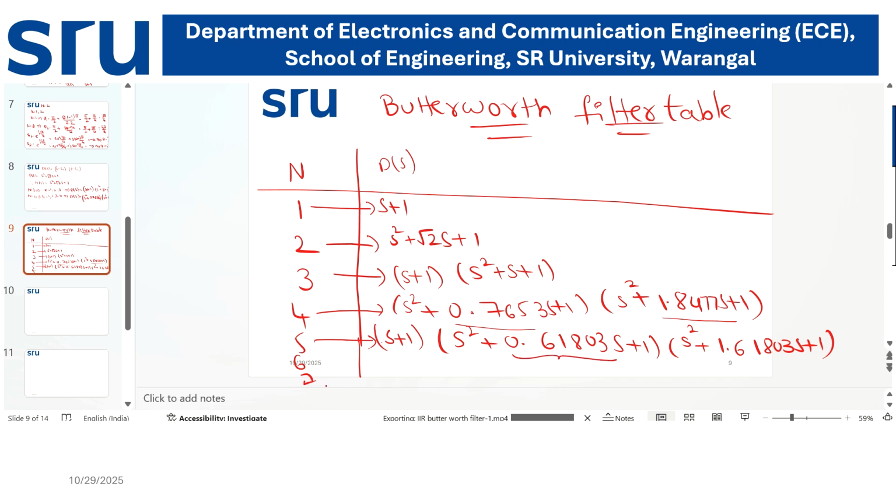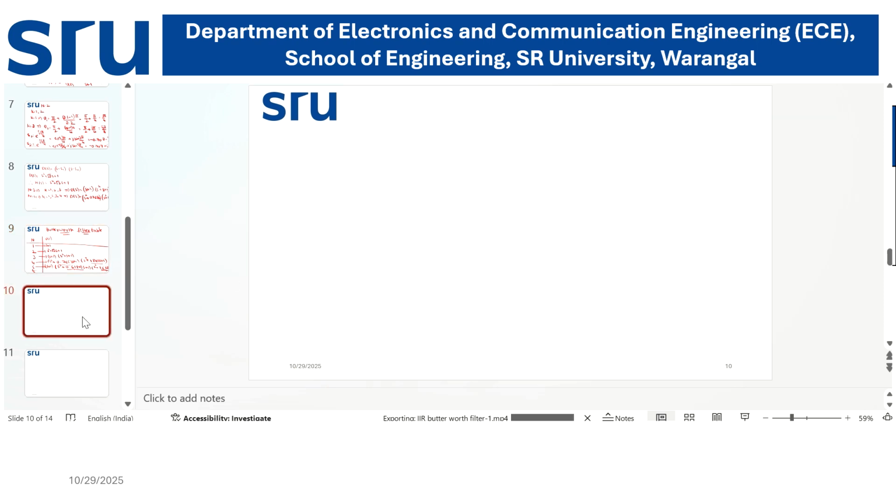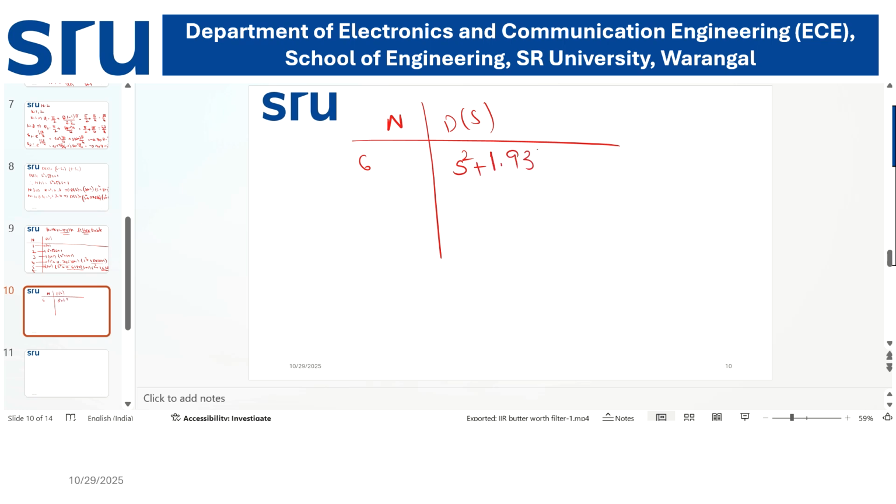Here also you have to remember the same coefficients, one is 0.6180 and the second one is 1.61803. Similarly, if n is equal to 6, then the polynomial D of s has 6 poles: s square plus 1.93185 s plus 1 into s square plus root 2 s plus 1 into s square plus 0.57764 s plus 1.